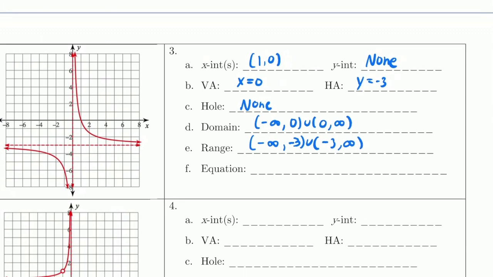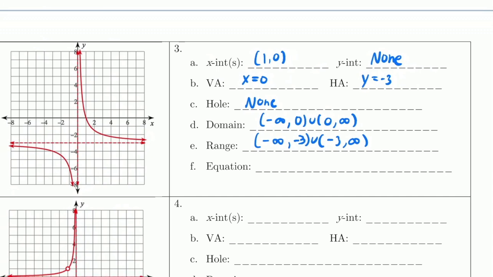And now working through my equation here, again, I have an x-intercept at 1, 0. So the factor that would correspond to that would be x minus 1. And then I have a vertical asymptote at 0, and the factor that would correspond with that would just be x, because x is equal to 0.